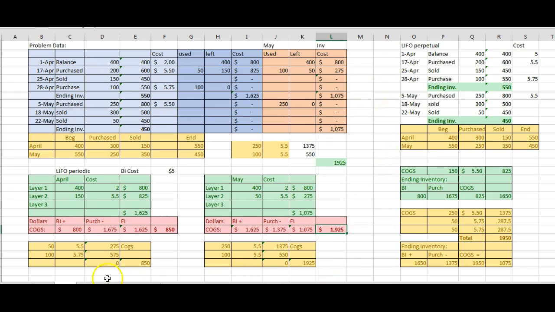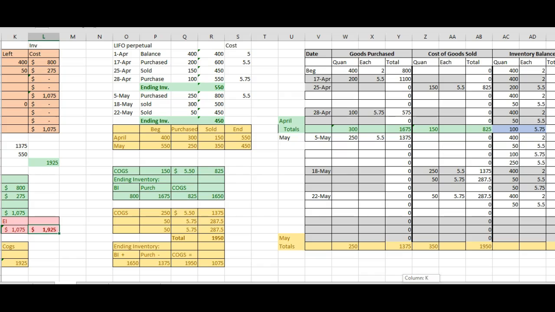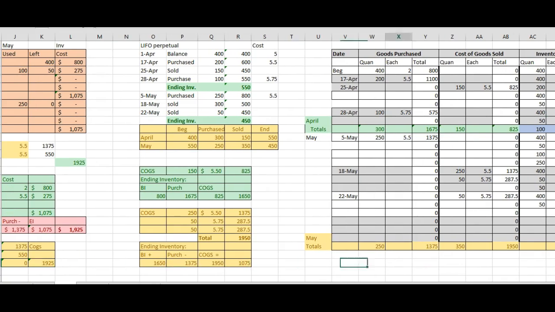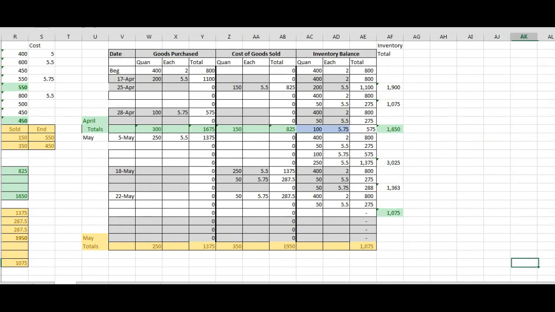So let's move on and let's look at the other side. And it's actually not that bad if we go the right way to get that centered on screen.